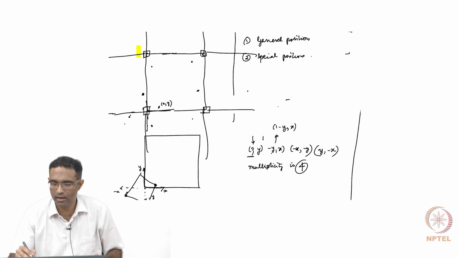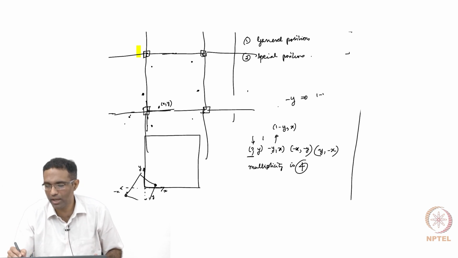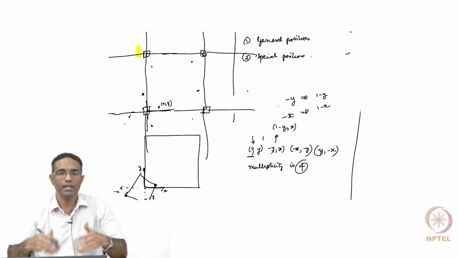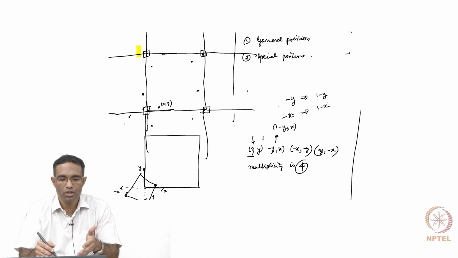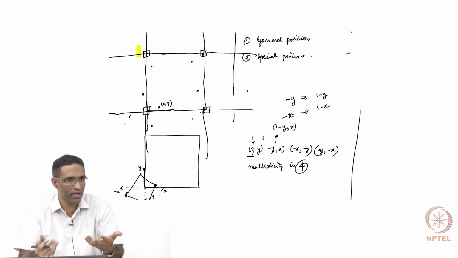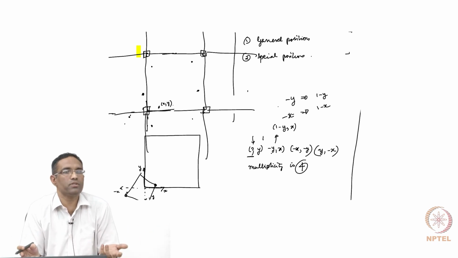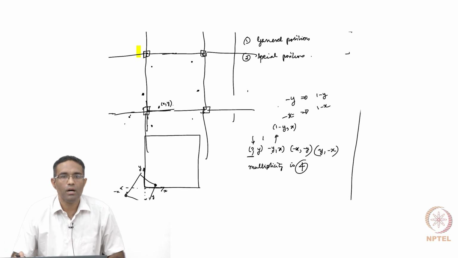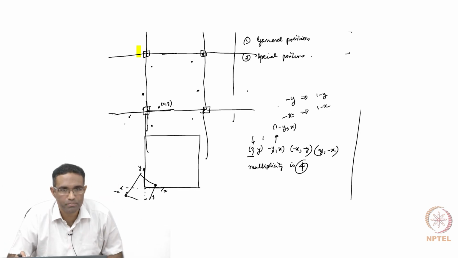So, minus y translates to 1 minus y inside the unit cell, and minus x translates to 1 minus x inside the same unit cell that you are looking at. So, once you generate all these points, you can write a small script to generate them, and then use lattice translations to simply generate the entire crystal structure.